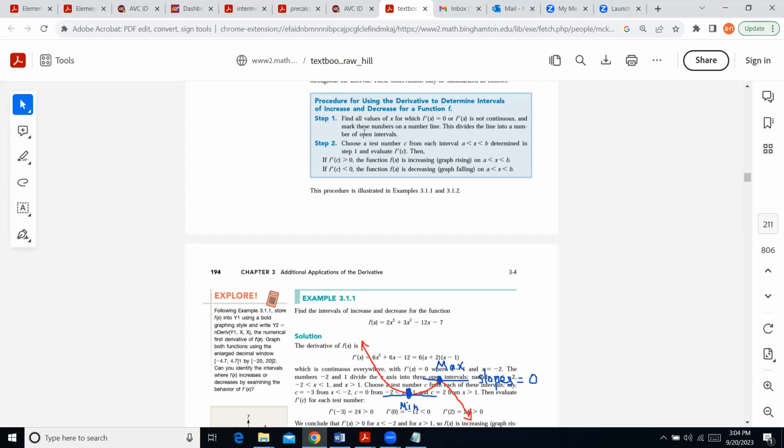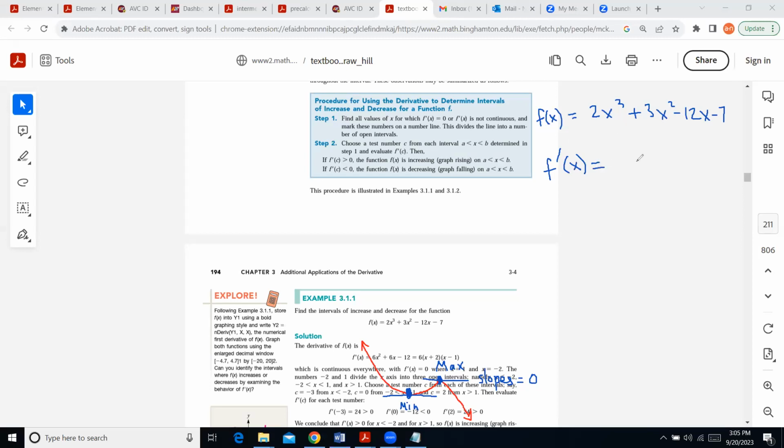For example, if I check out a function such as 2x cubed plus 3x squared, and also minus 12x and minus 7, then for this particular function, I can try to find its derivative, and we already know how to differentiate.